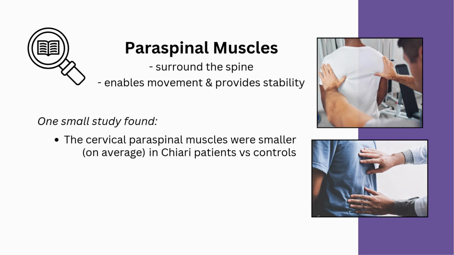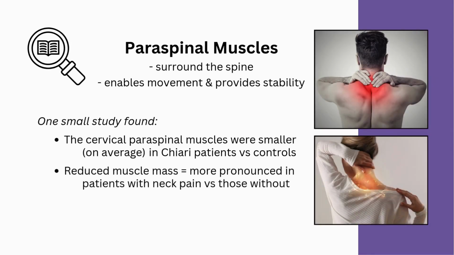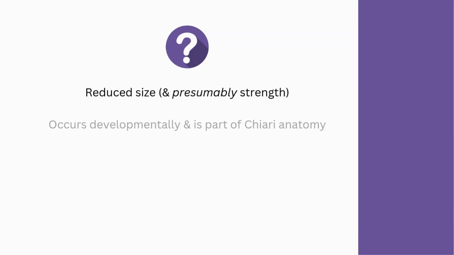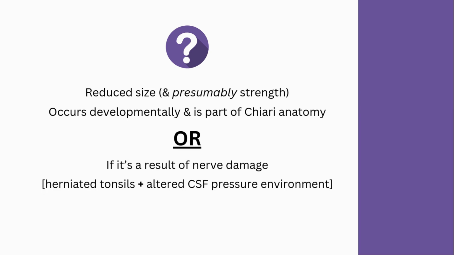The study also found that the reduced muscle mass was more pronounced in patients with neck pain than in those without neck pain. However, it is not clear if the reduced size and presumably strength occurs developmentally and is part of Chiari anatomy, or if it is a result of nerve damage due to the herniated tonsils and altered CSF pressure environment.